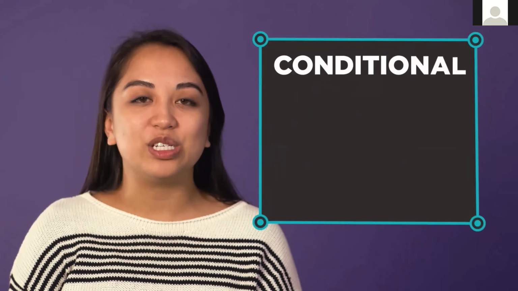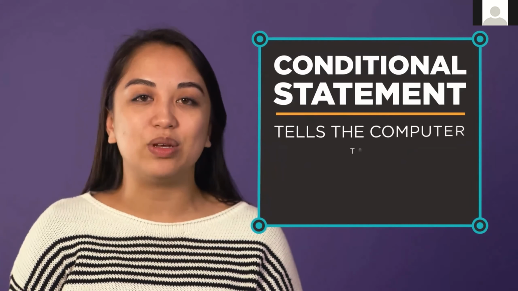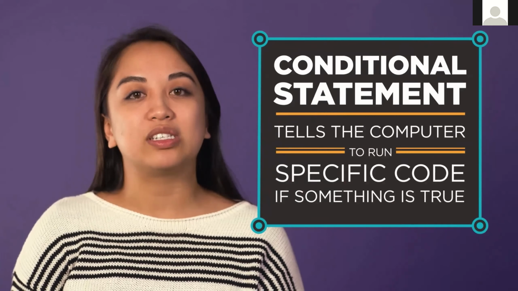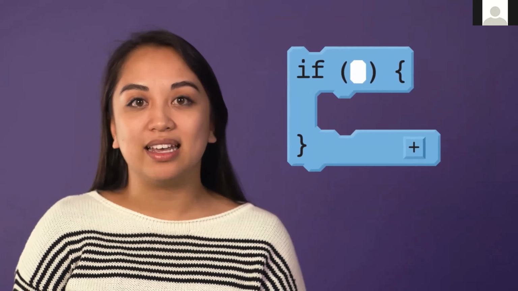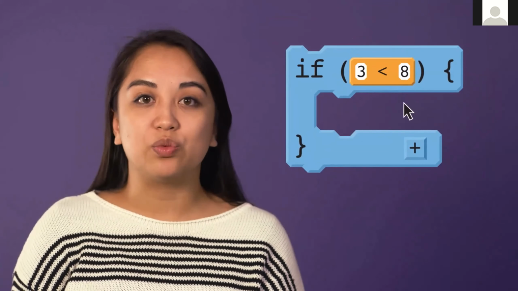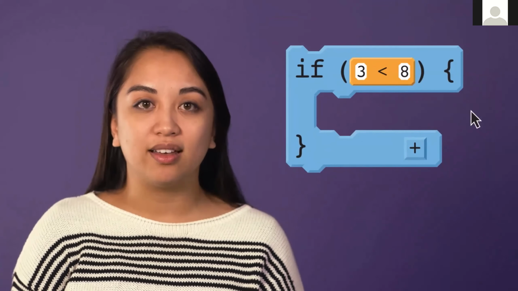In the last video, we learned how to use Boolean expressions to establish whether something is true or false. We can now add something called a conditional statement to help guide the computer's decisions based on that information. The simplest conditional statement is an if statement. It says that if something is true, the computer should run a specific block of code. Let's say that you want to create a program that displays whether or not you are old enough to see a PG-13 movie.